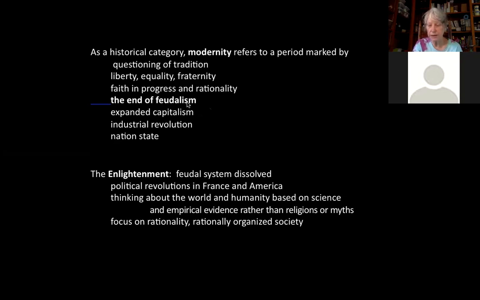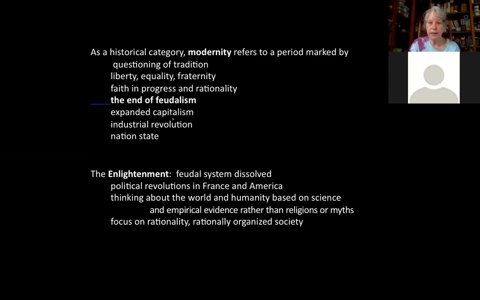And then we talked about the end of feudalism, which happened in the French Revolution, beginning with the American Revolution, but then also the French Revolution and a series of subsequent revolutions that overthrew various monarchies and aristocratic dominance in Europe and the rest of the world.